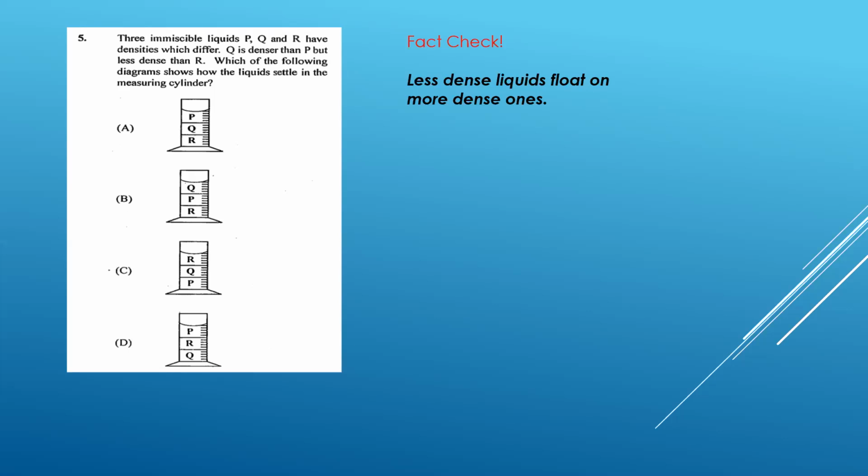So if Q is denser than P, then Q should be below P. But you're told that it is less dense than R, so R should be at the bottom, Q in the middle, and P at the top.